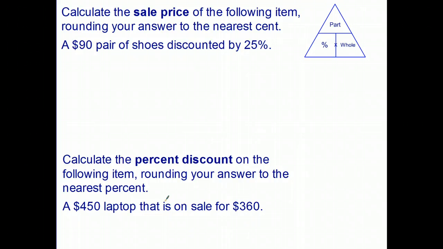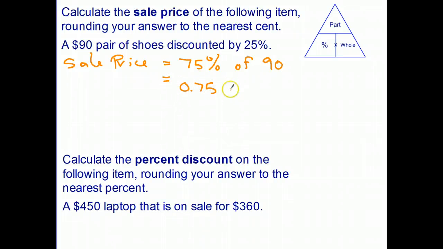Okay, guys, welcome back. Let's see how you went on the first one. The way I'm going to do this one is the second method that I used in the example. If something is discounted by 25%, it means I'm actually paying 75%. So the sale price that I'm paying is 75% of the original selling price of $90, equals 0.75 times 90.